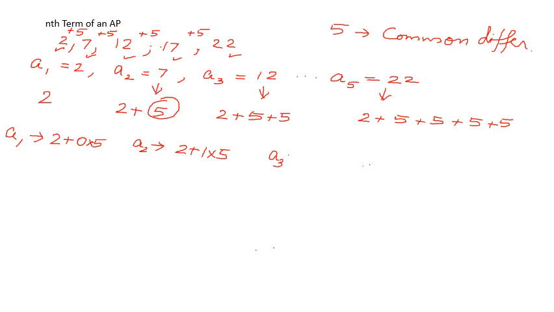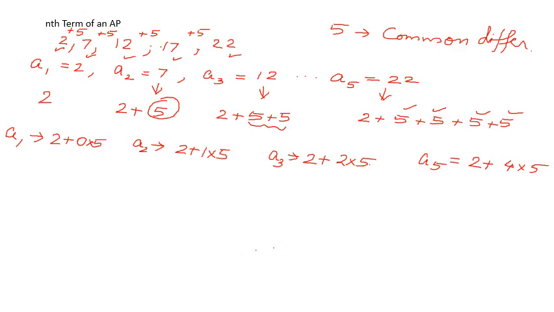A3 I can write it as 2 plus, how many times did I add 5? 2 times, 2 into 5. And A5, how did I get it? A5 is equal to 2 plus, how many times did I add? 1, 2, 3, 4. 4 into 5.